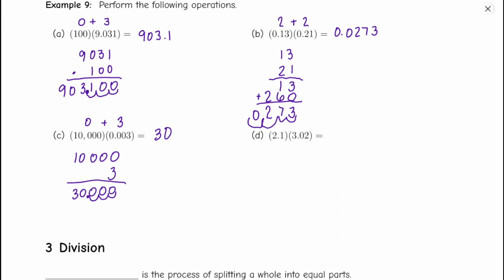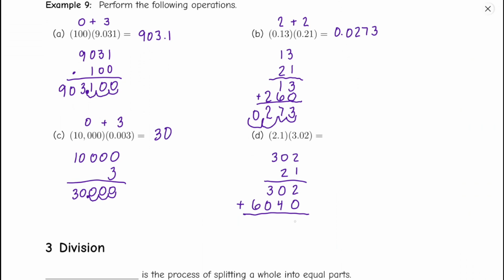Okay. Now 2.1 times 3.02. So normally it would be 21 times 302. I like to put the more digits on top though, so I'm going to do 302 times 21. So 1 times 2, 1 times 0, 1 times 3, placeholder 0, 2 times 2, 2 times 0, 2 times 3.